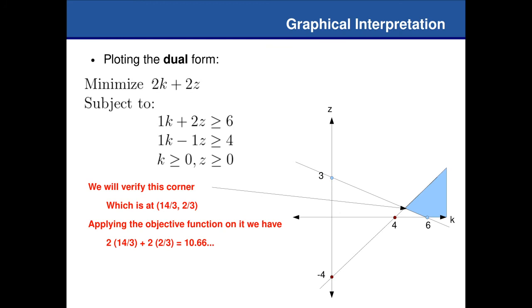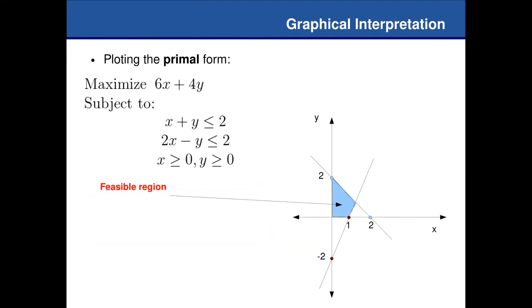So when I find the ideal k and z, this objective function will be equal to, going back to this objective function for its ideal x and ideal y.